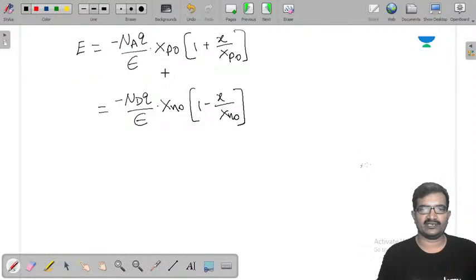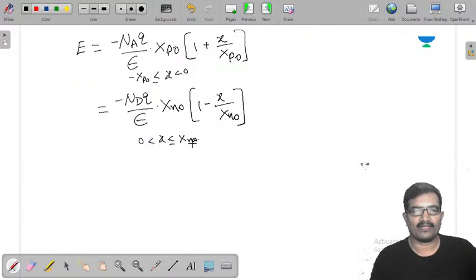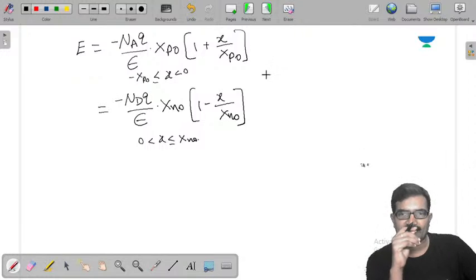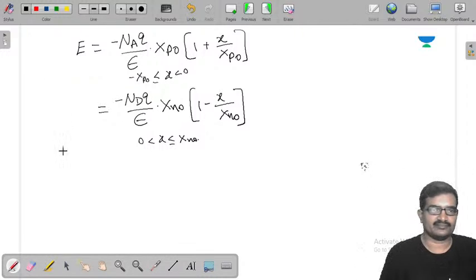This is for x greater than or equal to minus x p naught and less than 0, and for x greater than 0 and less than or equal to x n naught. These are the two equations for electric field.